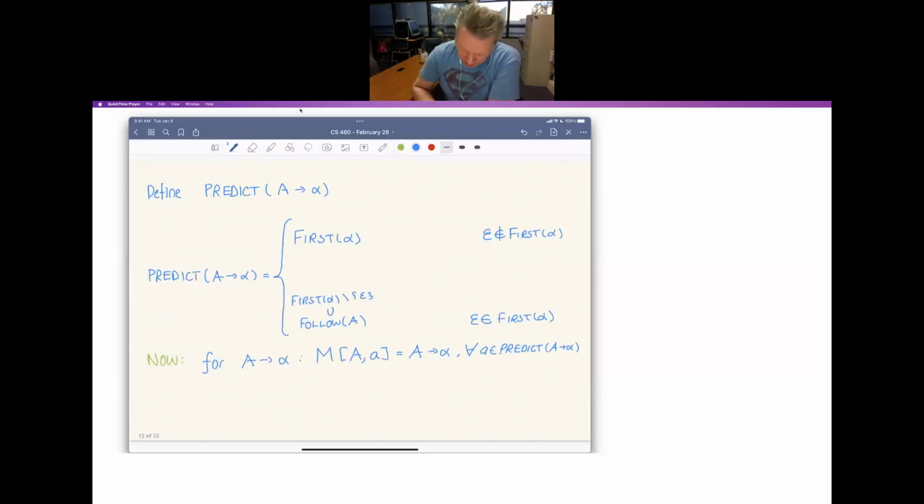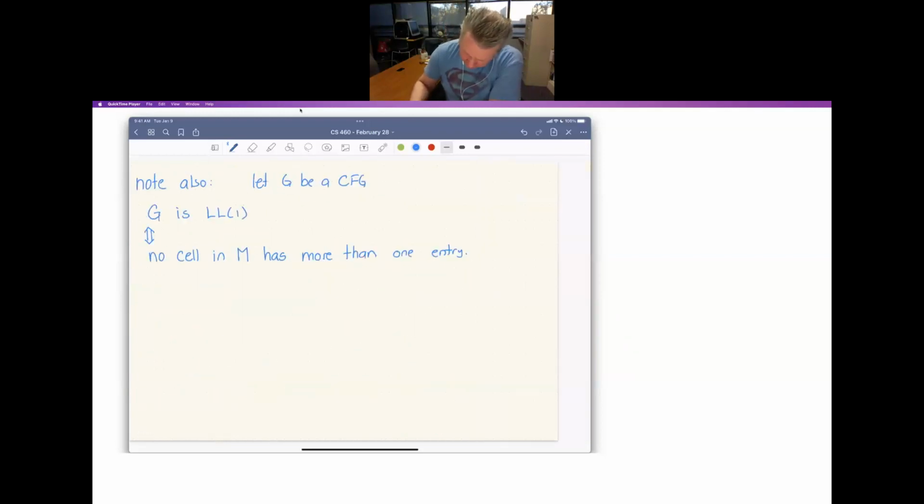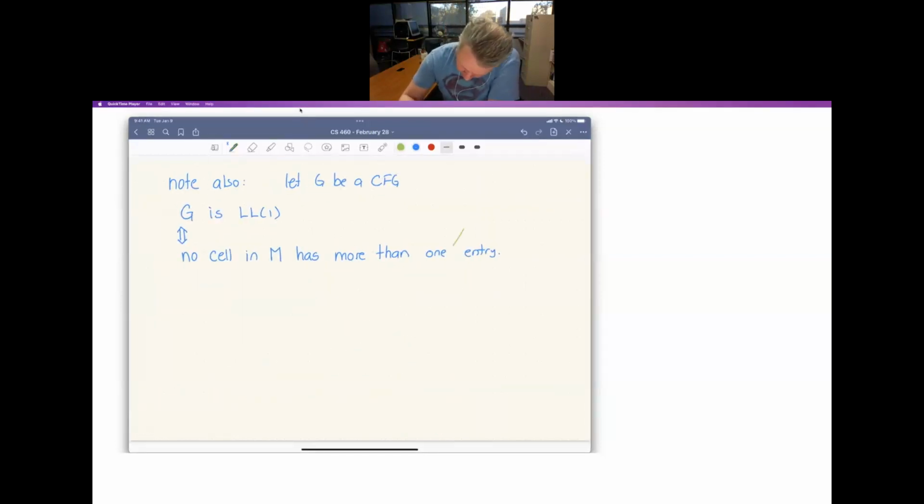What would happen if a cell in a table like this had two entries? Let's do a small example: A goes to X, Y, or X, Q. If I look at the table, I have A here and X here.